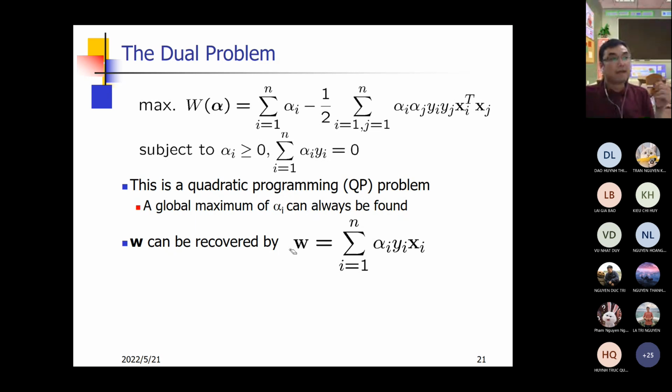We also set this alpha from the beginning, for example to 0 or something, and then we recalculate this alpha again and again using the maximum function.